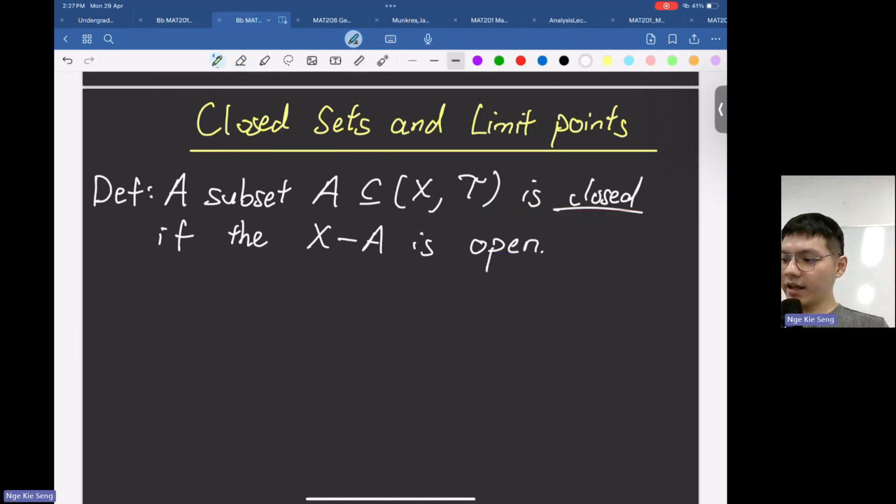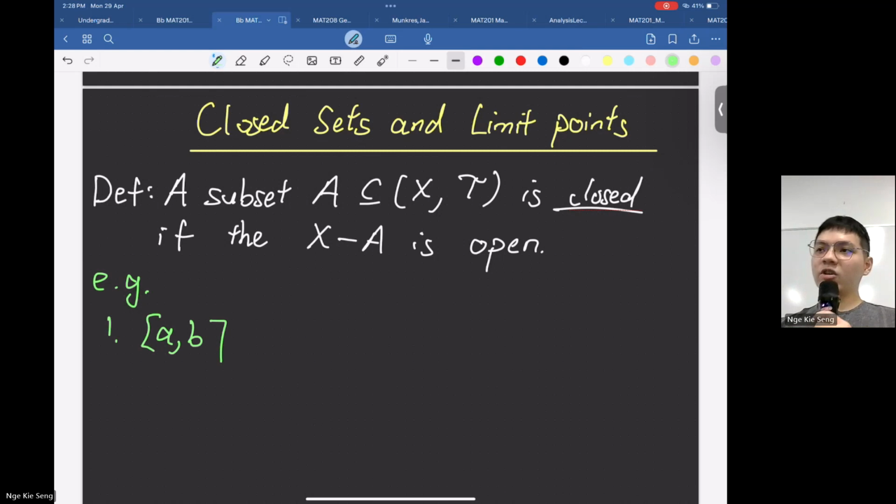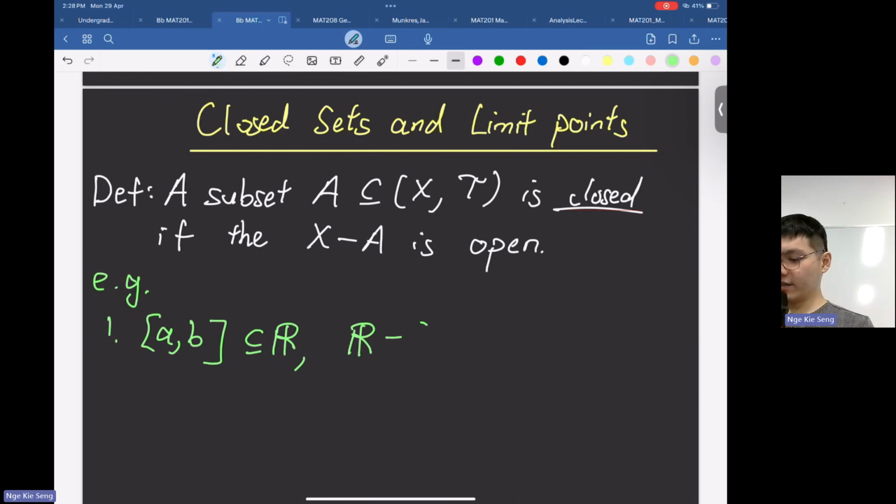Let's discuss some examples of closed sets. Closed intervals are closed. That's why we say closed. Why? What's the complement of this closed interval?